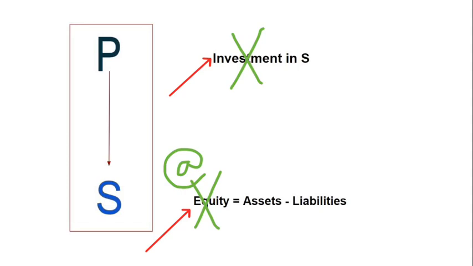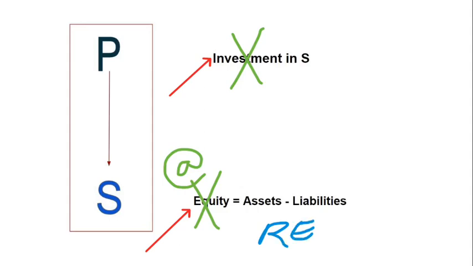Because P and S are now seen as one single economic entity, you can also argue that you cannot have an investment in yourself as one single economic entity, and you also cannot have equity issued to yourself as one single economic entity. Furthermore, included in the equity of the subsidiary at acquisition date is typically something like retained earnings.